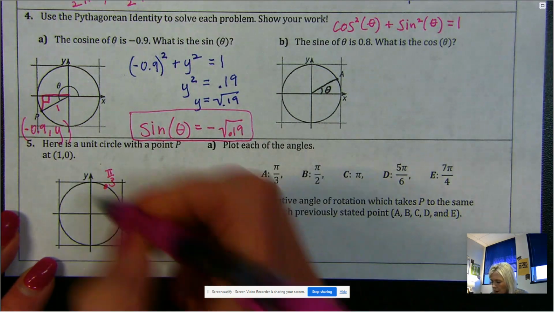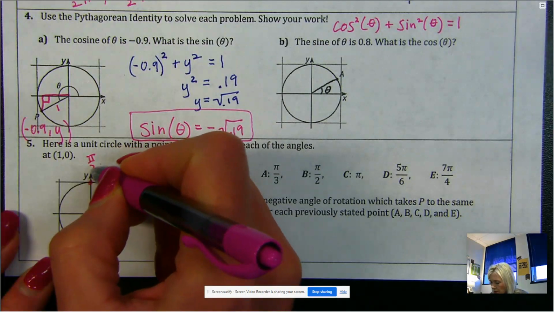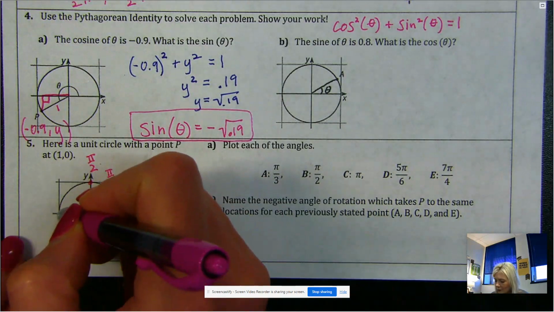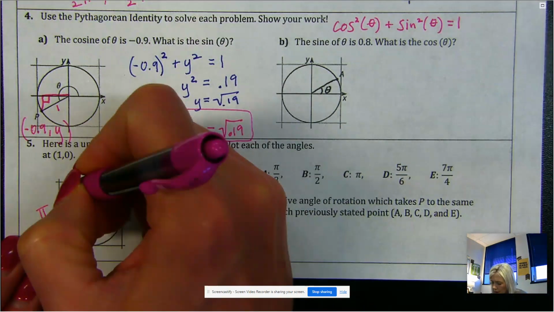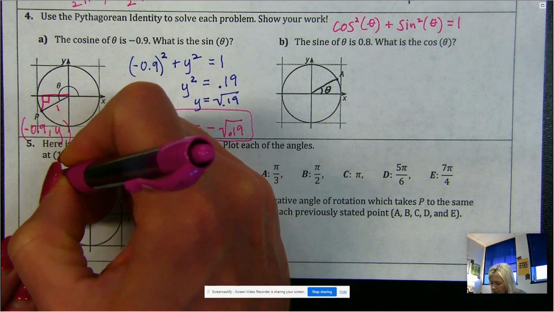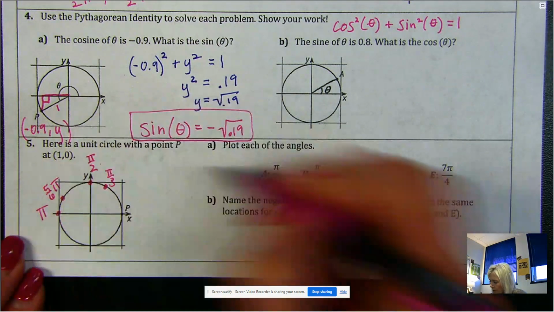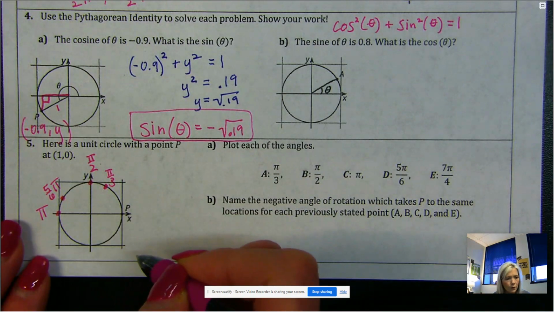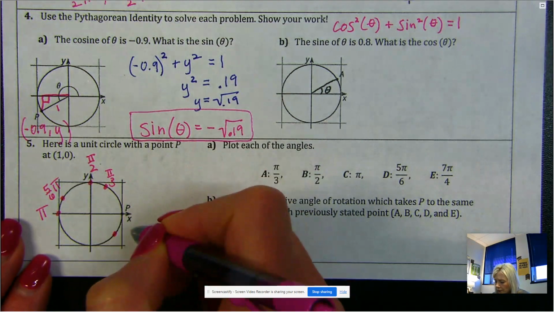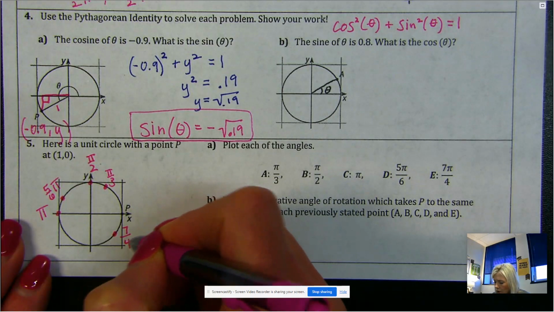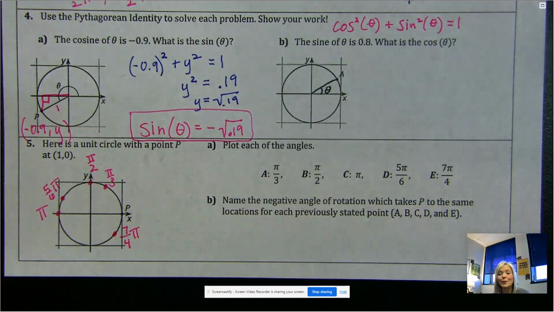Pi over 2 is right here at the very top. Pi is over here on the side. And then 5/6 pi is right before it. And 7/4 of pi is halfway through this quadrant. Again, those are all on your unit circle. So make sure you have a complete unit circle before you come to take this test.